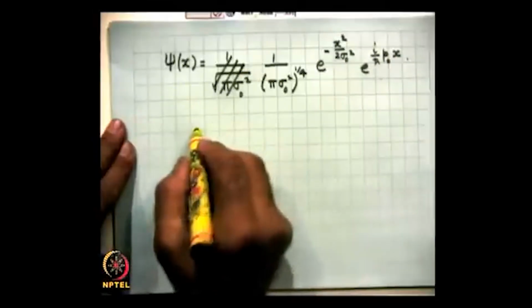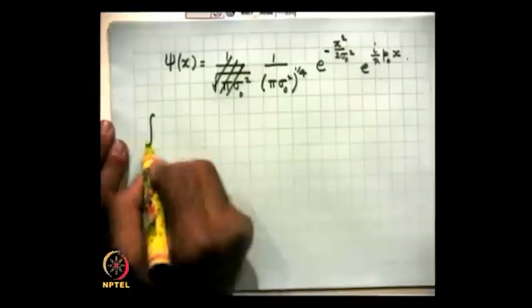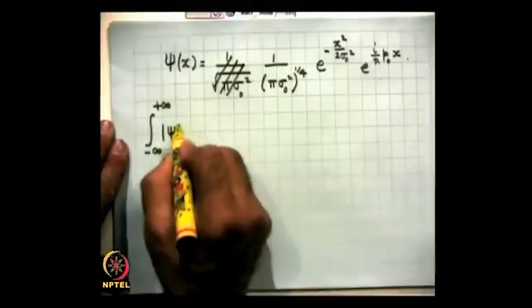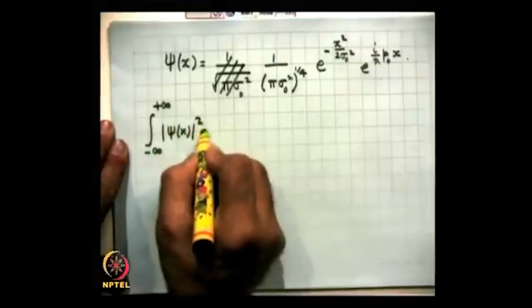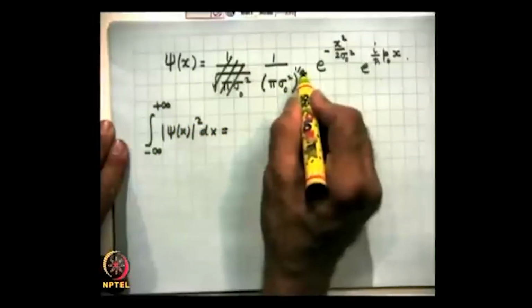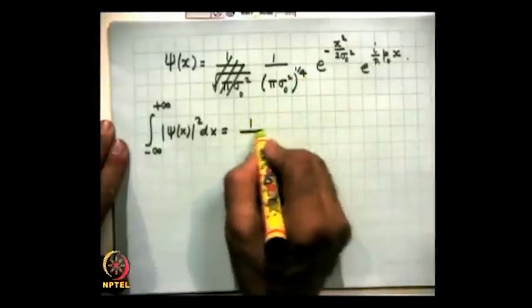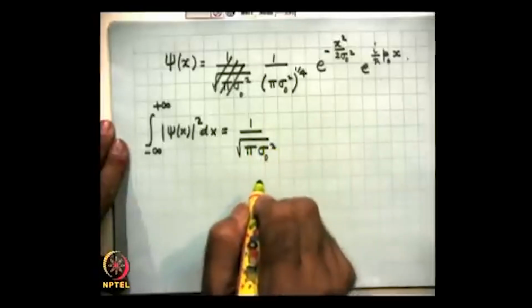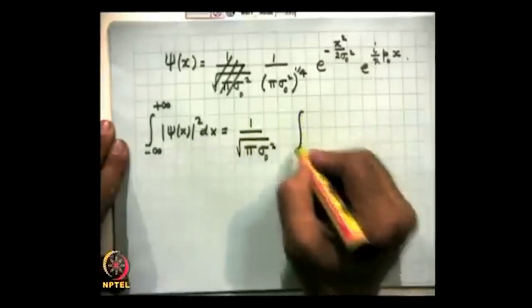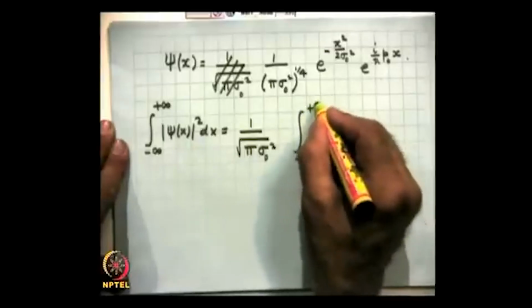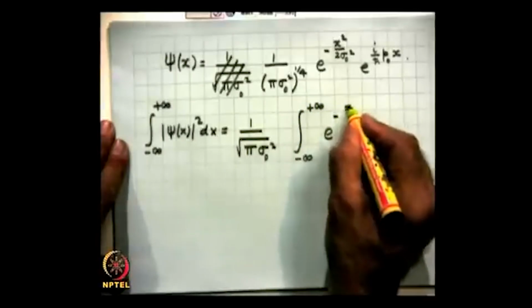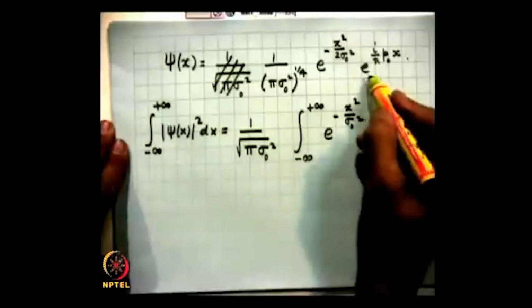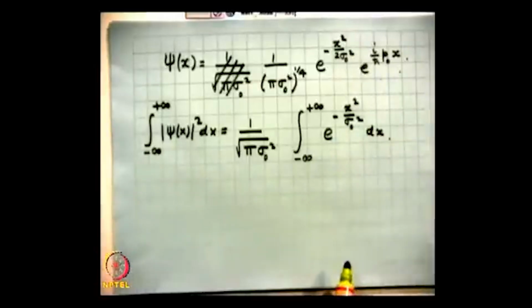I can tell you that if you integrate the square of this, from minus infinity to plus infinity, mod psi x whole square dx, this will be 1 over under root of pi sigma 0 square times the integral from minus infinity to plus infinity of e to the power of minus x square by sigma naught square dx, because the mod of the phase quantity is unity.